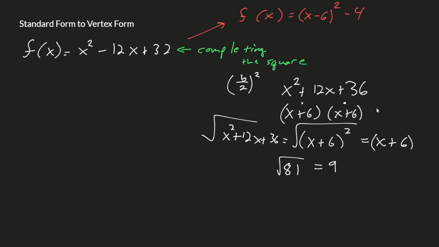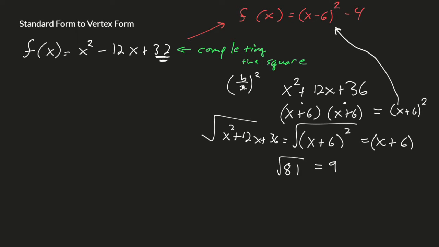If I can factor this into (x + 6) squared, already we can see it's starting to look like our vertex form. So how do we do that in this case? Well, it revolves specifically around our c value. We need to get our c value into a position that makes this whole trinomial a perfect square.